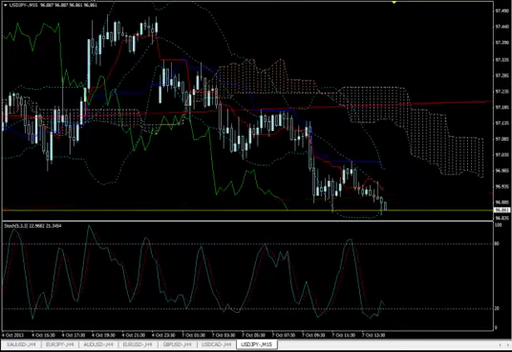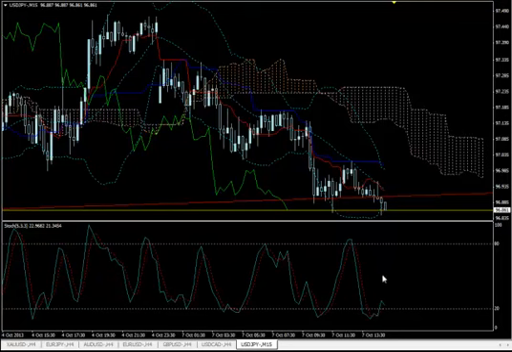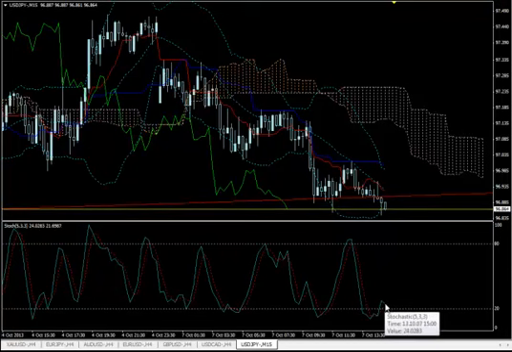On the M15, although there was an effort for the price to go up, as the stochastics are saying, now we see that the fast stochastic is trying to turn upwards. If it turns upwards, then the price will go up.